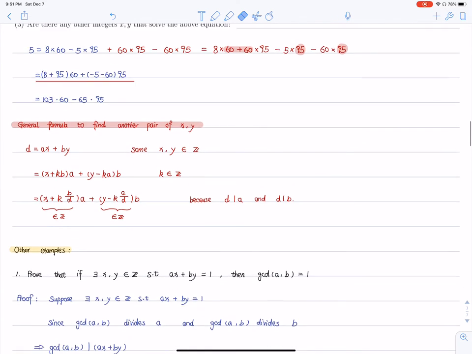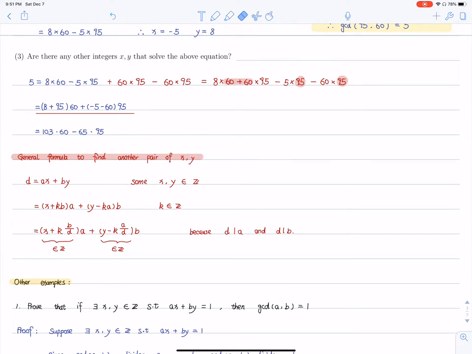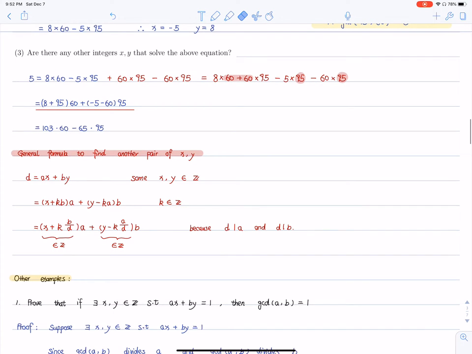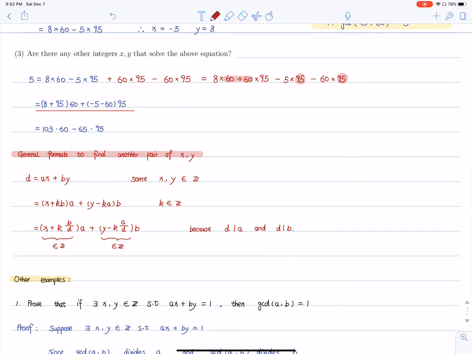But I wrote down the general formula to find the integer pair of x and y here. So if you have d equals ax plus by, where your d is the GCD of AB, you can just have this equal to (x plus k times b) times a, plus (y minus k times a) times b.